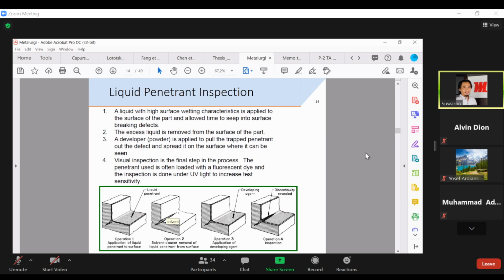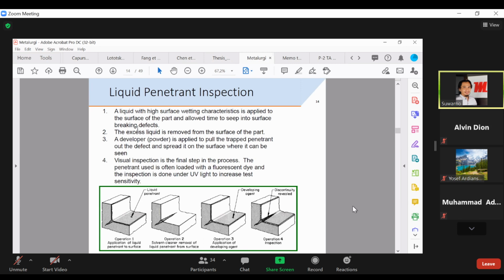It's not possible to clean it from the crack, of course, because we set it up so that the penetrant infiltrates the crack. It's number 2. And then we call it a developer, which means you give a color to it. Sometimes this liquid doesn't have any color, so what we do is we use a developer, number 3.